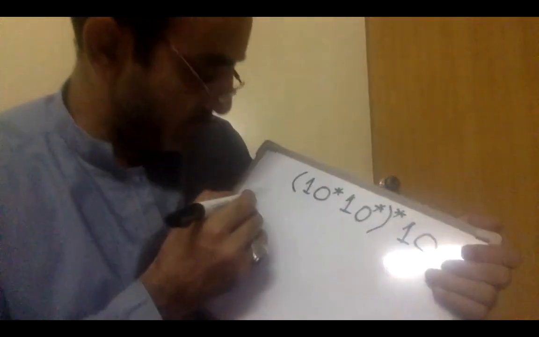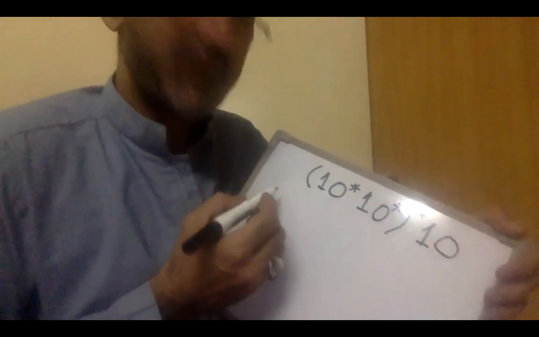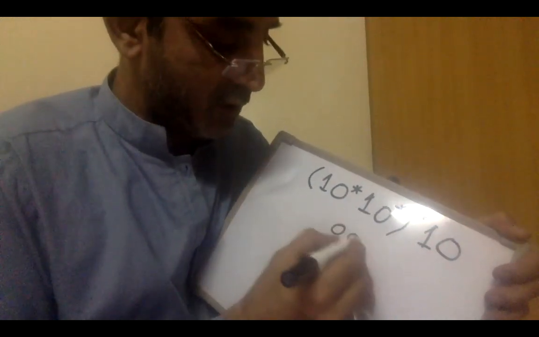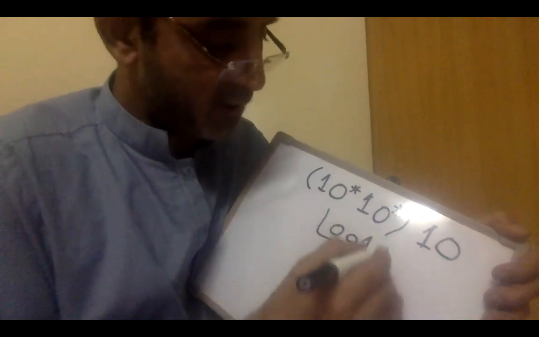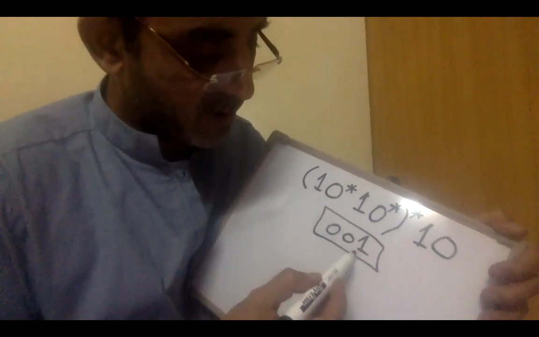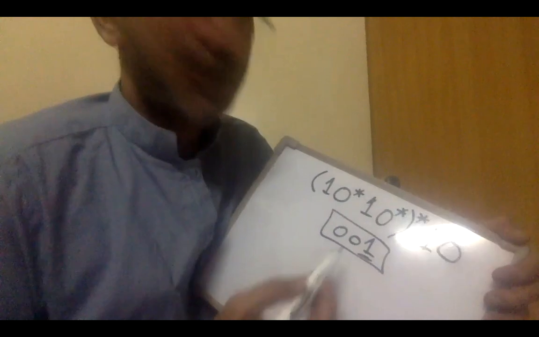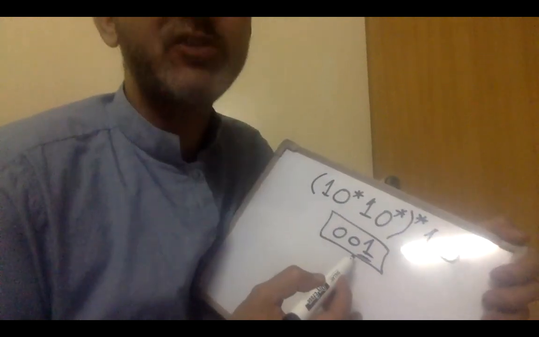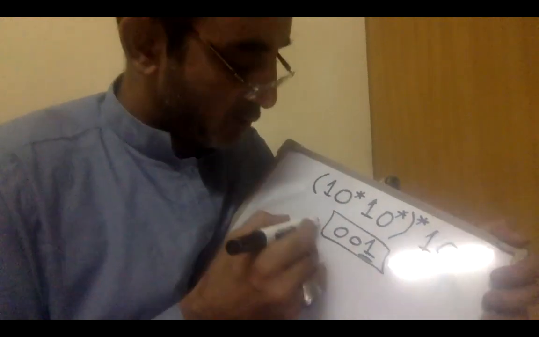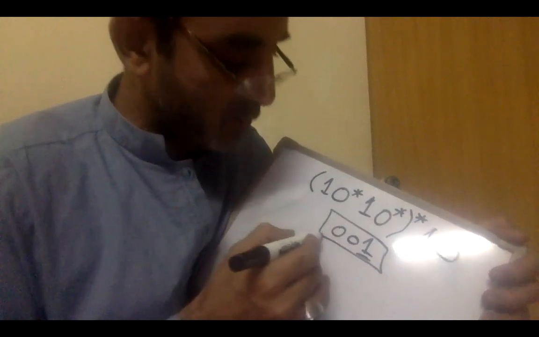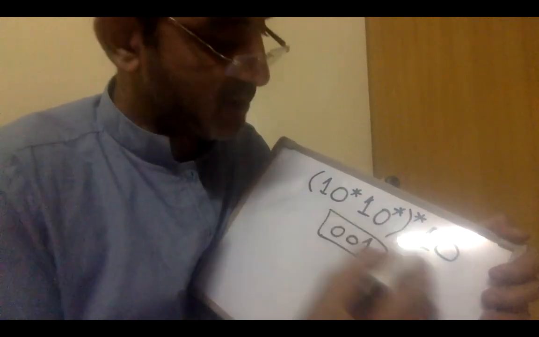So this 001 is a string containing odd number of ones, and it is a valid string of this language. Now the question is, can I produce this string from this regular expression?